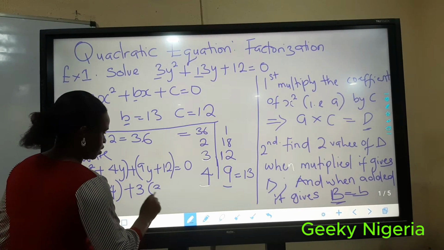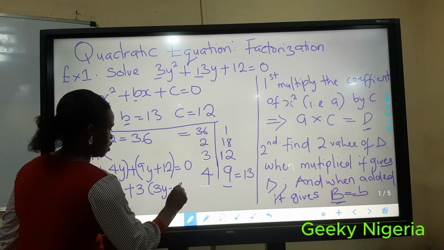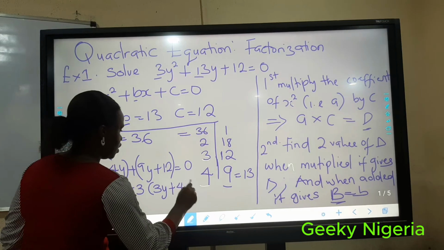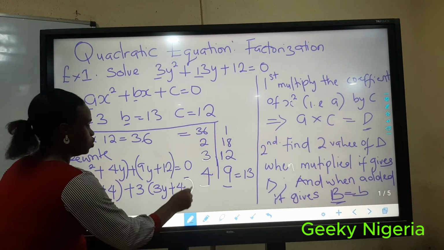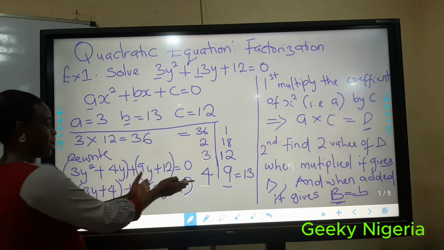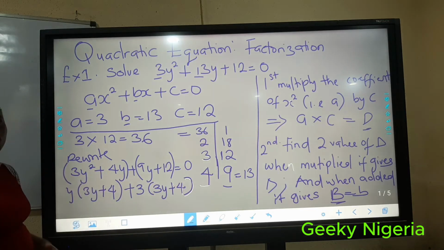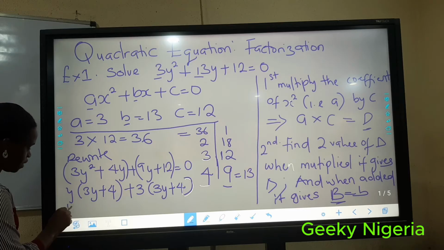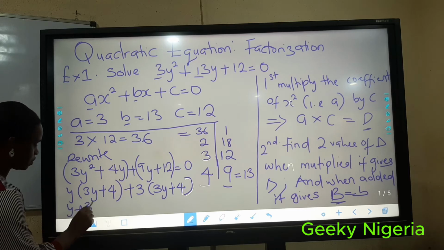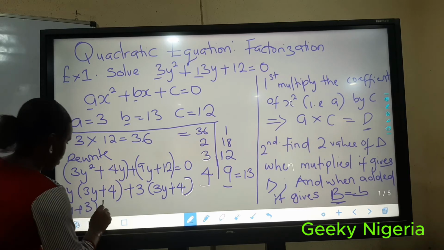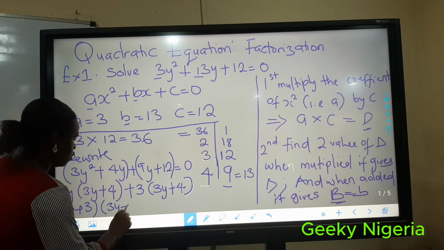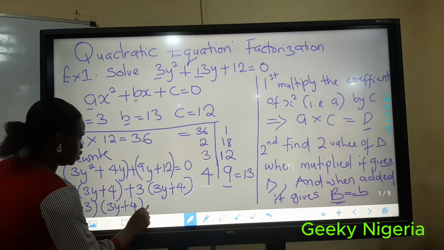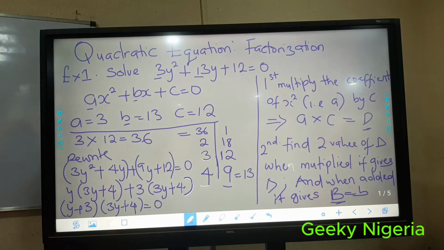We'll still have 3y plus 4. If you do this correctly, you always have what is in the bracket here and the bracket here to be the same. So here you just bring out the common bracket, and you will have y plus 3 times 3y plus 4 is equal to 0.